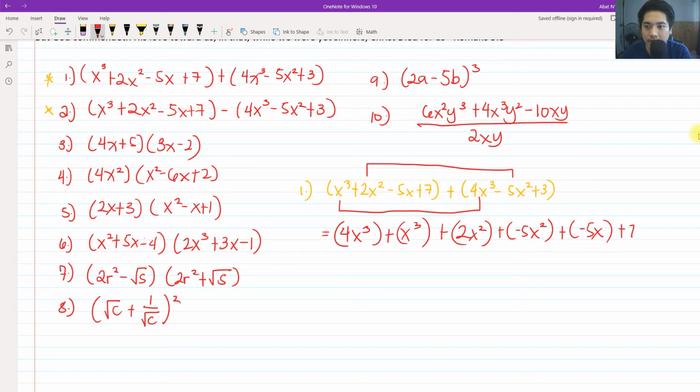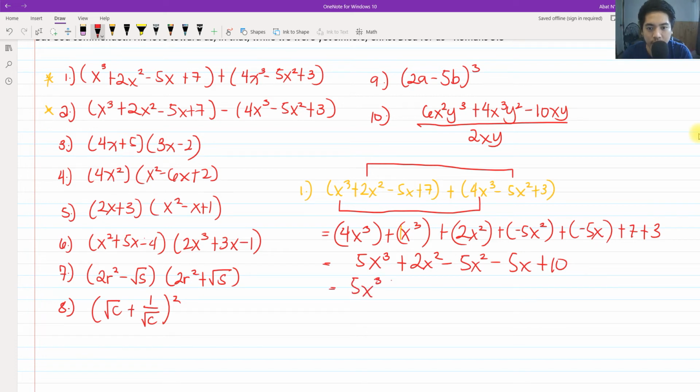Then we have plus 7 plus 3. So 4x cubed plus x cubed would be 5x cubed, considering that the coefficient of x cubed is 1. So 4 plus 1 is 5. Then we have 2x squared plus negative 5x squared, so this turns out to be plus 2x squared minus 5x squared. And this should be negative 5x, and then 7 plus 3 would be 10.